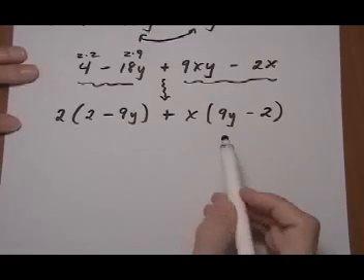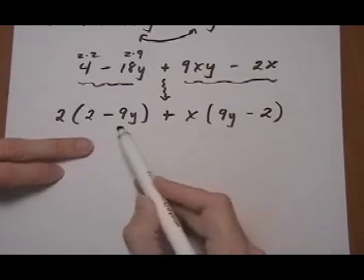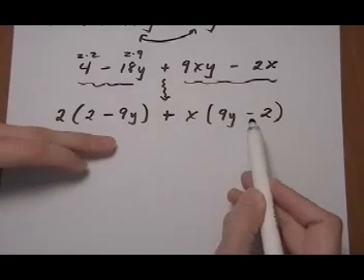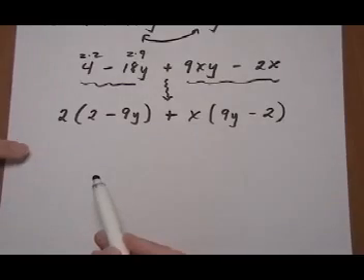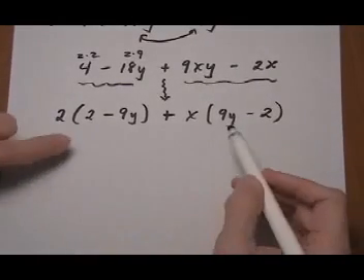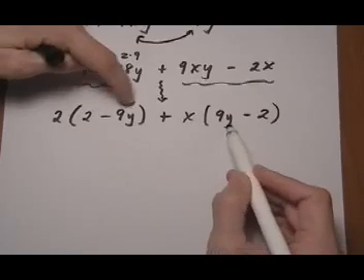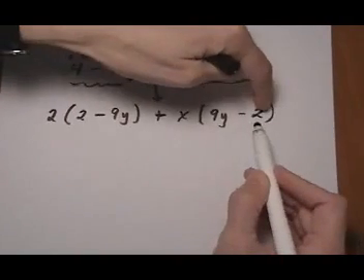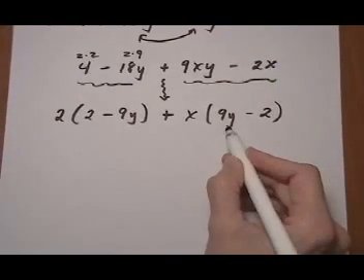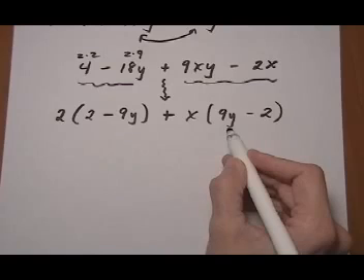Now what I notice is that the binomial terms, which I'm hoping I can pull out as a common factor to complete the factoring, have the terms in a different order: 2, 9y, and then 9y, 2. So I'm going to rewrite this last one so that the terms are in the same order.